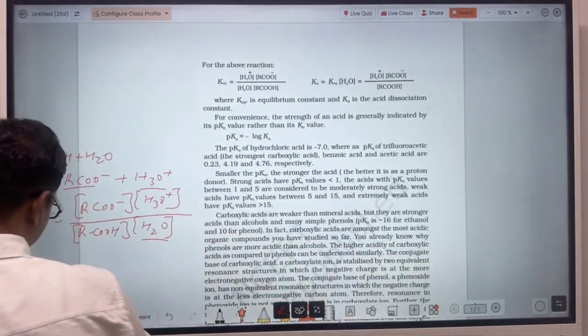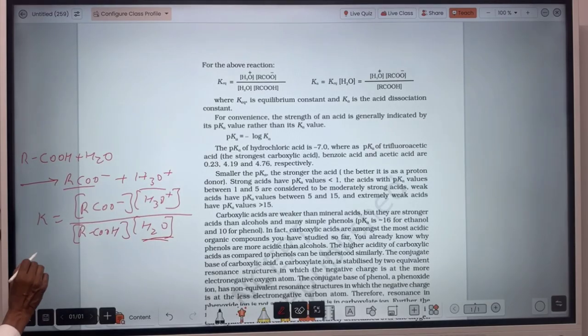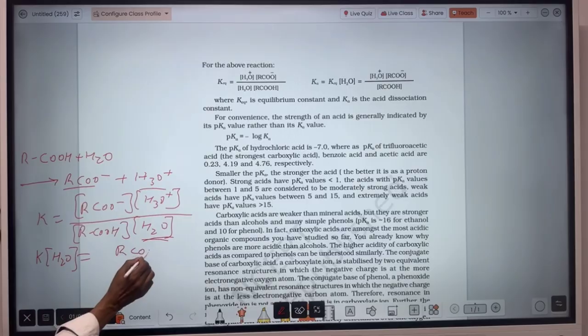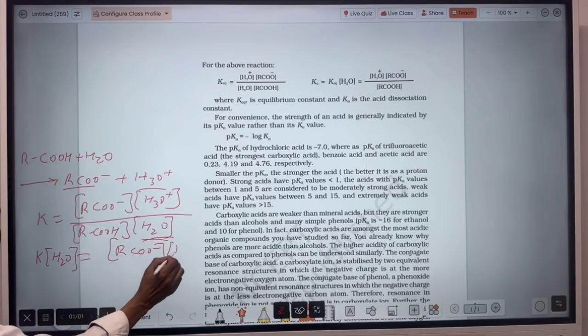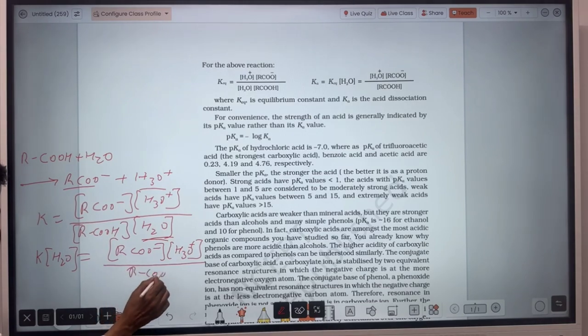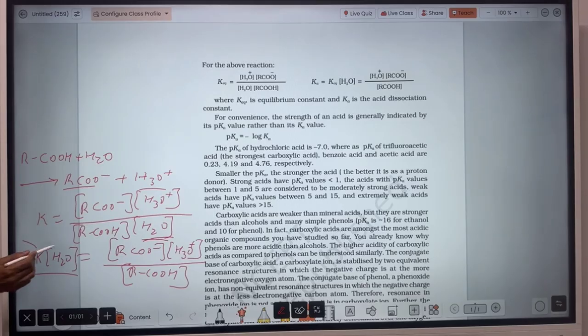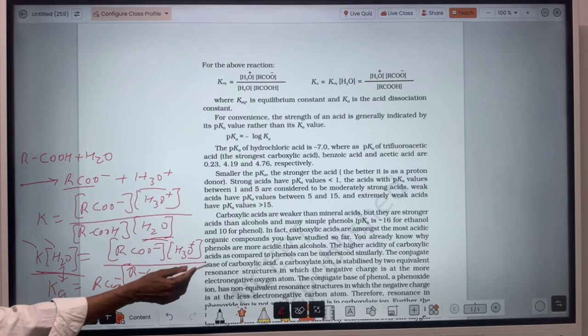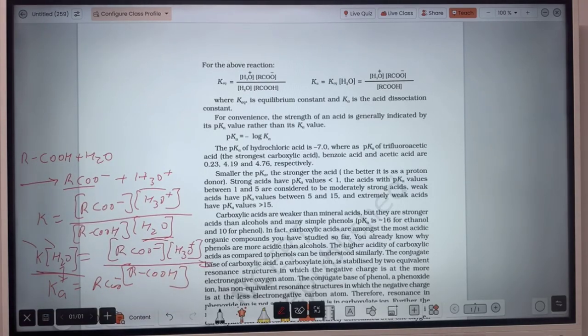Same here, so the concentration of water is considered constant. So K times the concentration of water is a constant, and it will be called Ka, so in place of this you can write Ka.